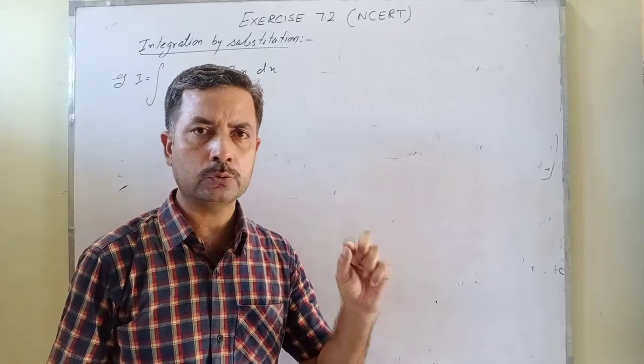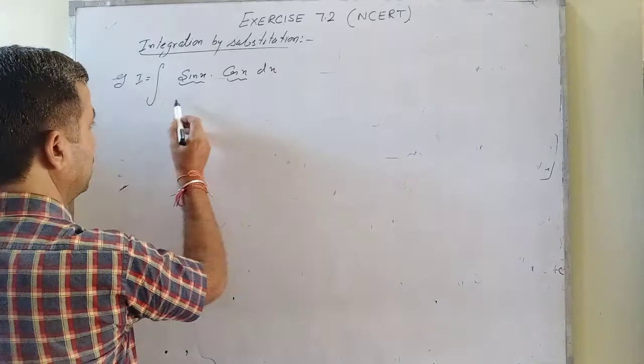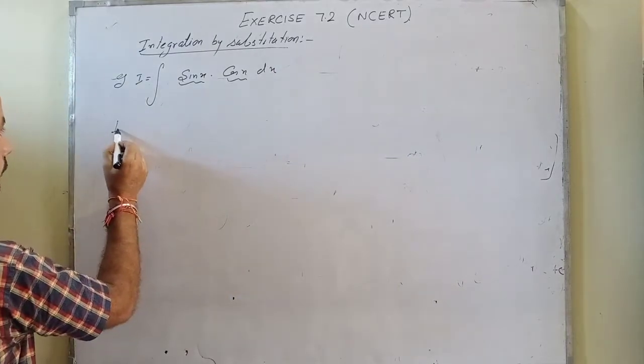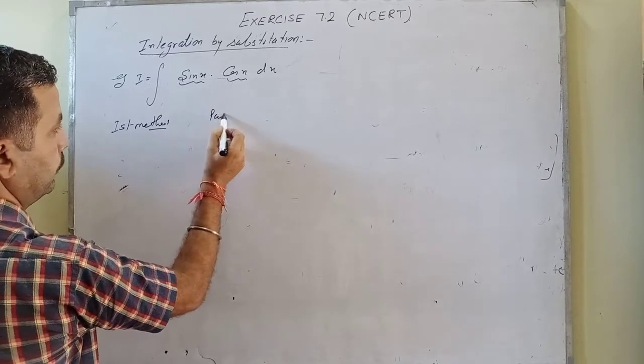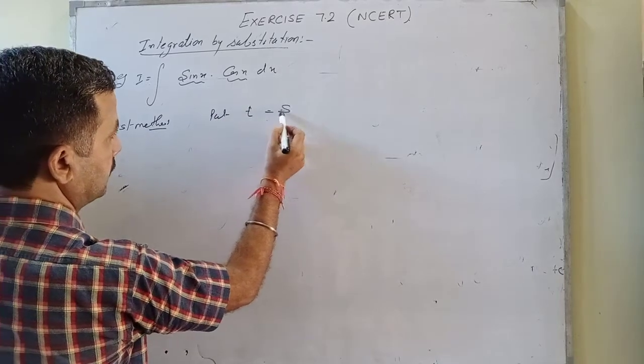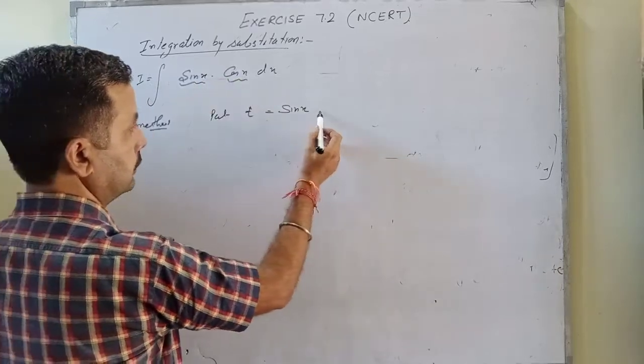There are so many methods to solve a question in integrals. So suppose firstly, in the first method we put t is equal to sin x, because we observe that the derivative of sin x is cos x, which is also there.